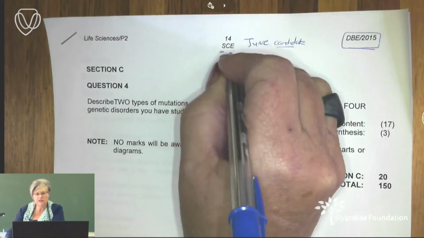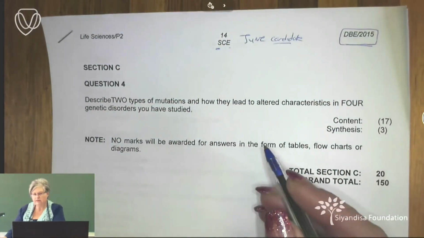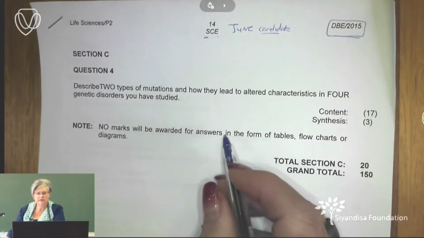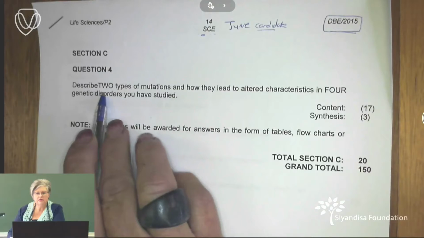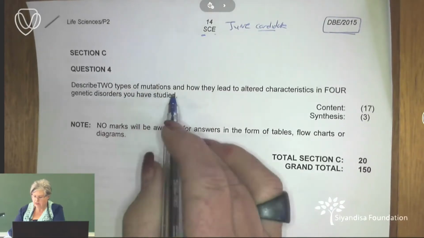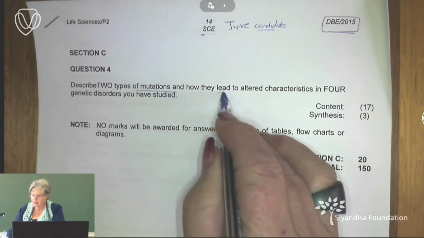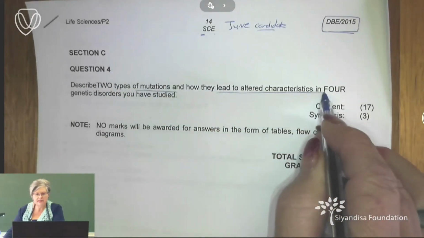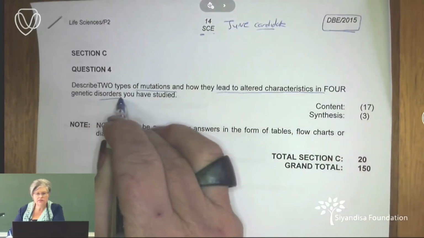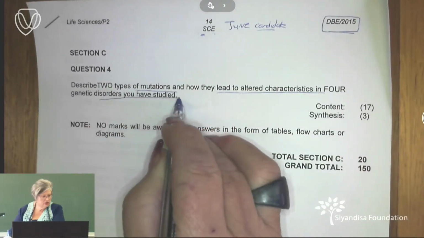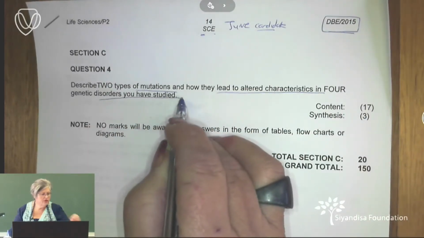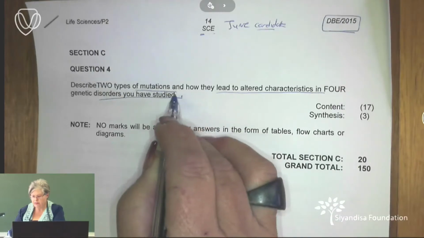You are the national certificate, but it does not matter, they have the exact same syllabus. It says, describe 2 types of mutations and how they lead to altered characteristics in the 4 genetic disorders that you have studied, because the examination guideline describes 4 genetic disorders that you must expect.